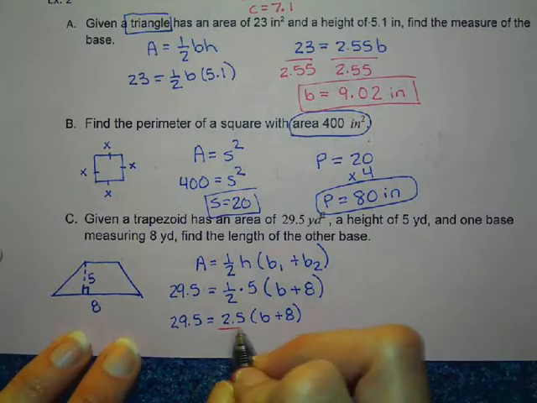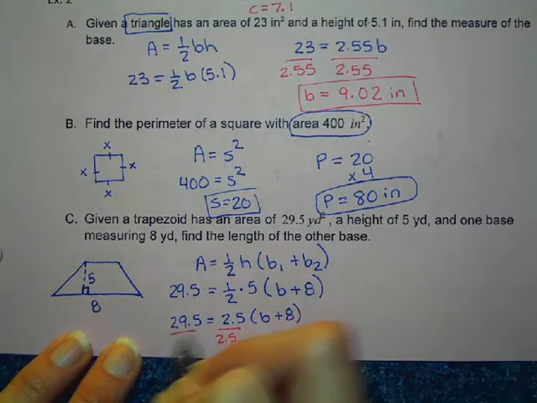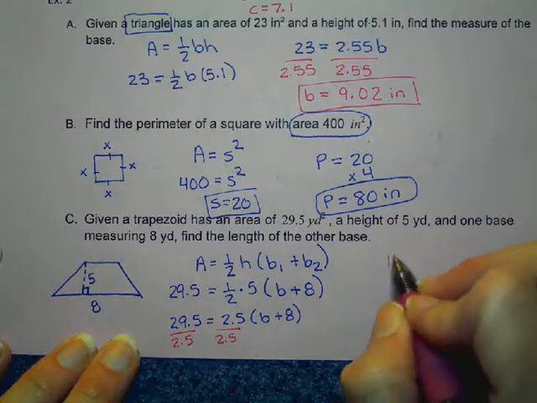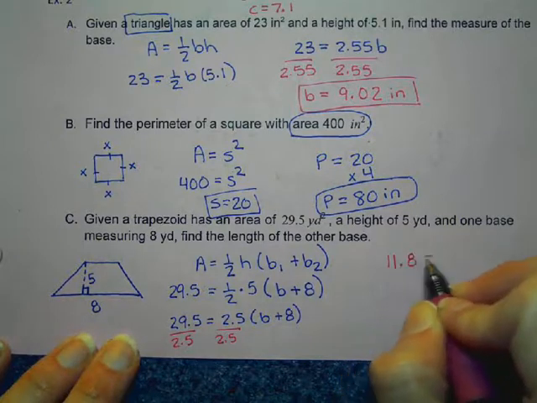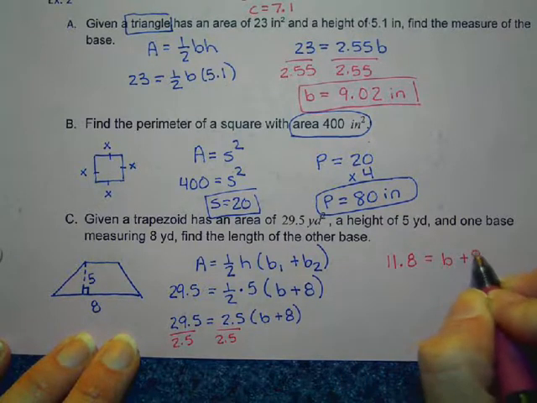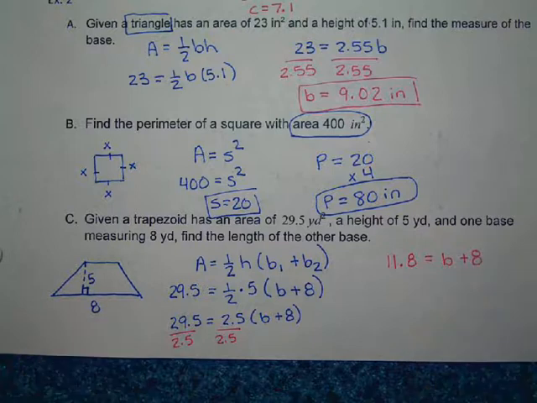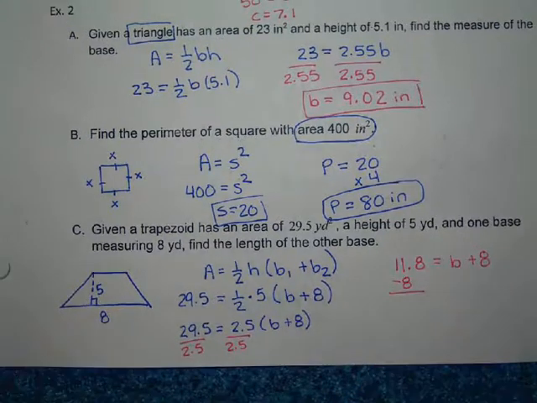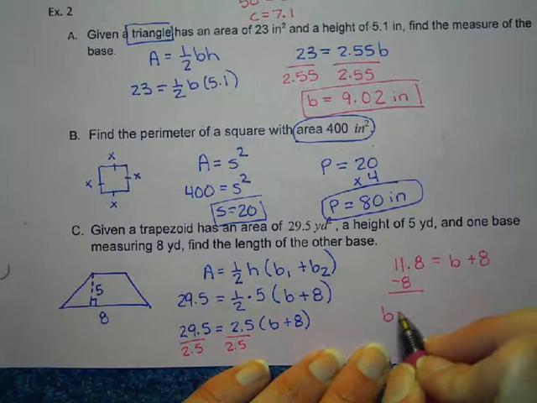So 29.5 divided by 2.5 equals 11.8. Okay, so now the last step to get the base by itself, you subtract 8 over. Should equal, the missing base is 3.8. And that would be in yards.